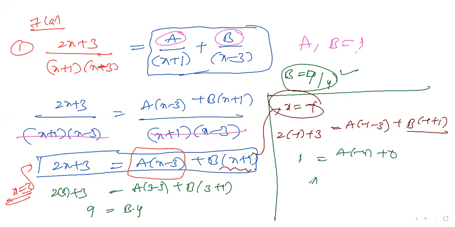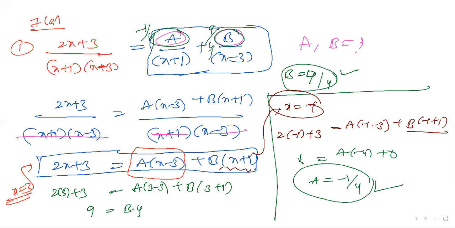A is equal to minus 1 by 4. After getting this, please substitute the value of A and the value of B here. A is minus 1 by 4, B is 9 by 4. The answer is minus 1 by 4 into x plus 1 plus 9 by 4 into x minus 3.